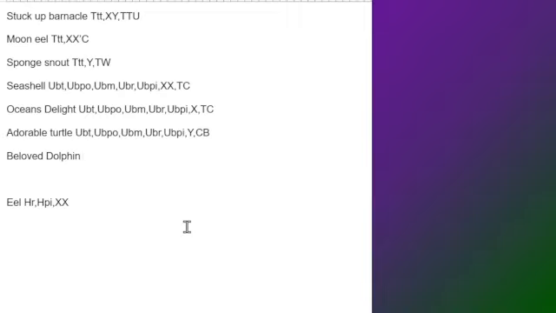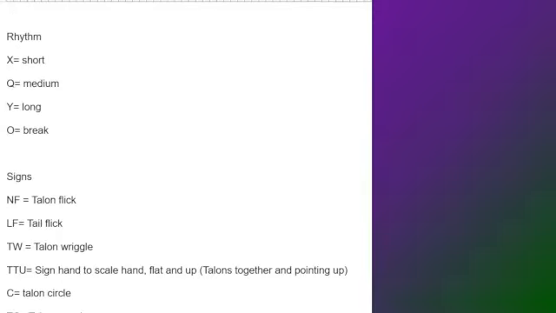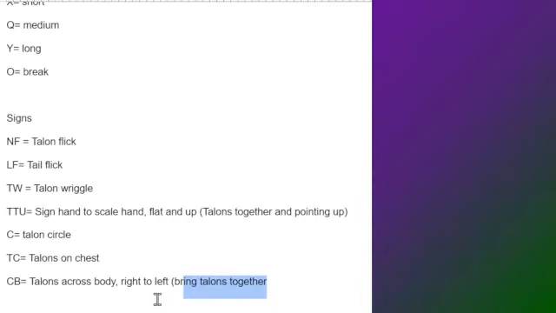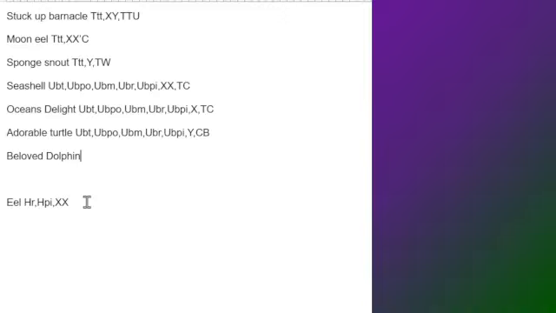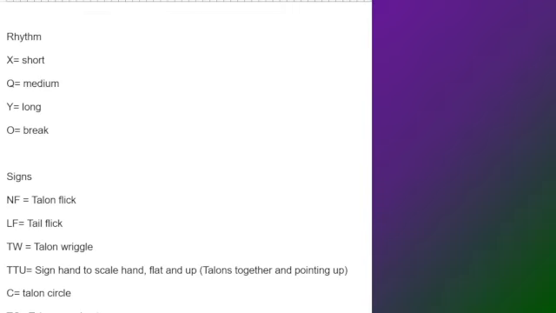I forgot about that. Okay, so that's what CB stands for now. We're just going to do TT, and that stands for talons together.